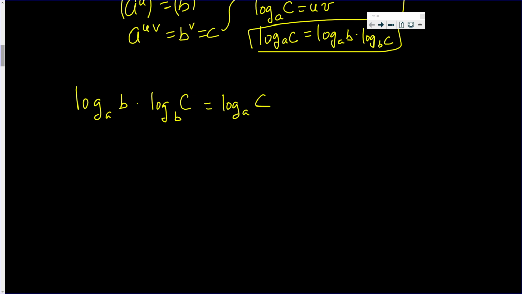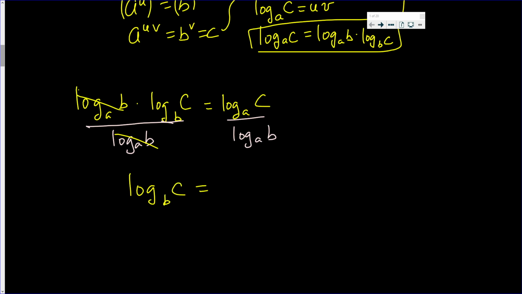Now, if I were to divide both sides by log base a of b, this cancels out, and what we get is what's called the change of base formula. Log base b of c is log base a of c over log base a of b. I like to call this the lower looking number and that the higher looking number.